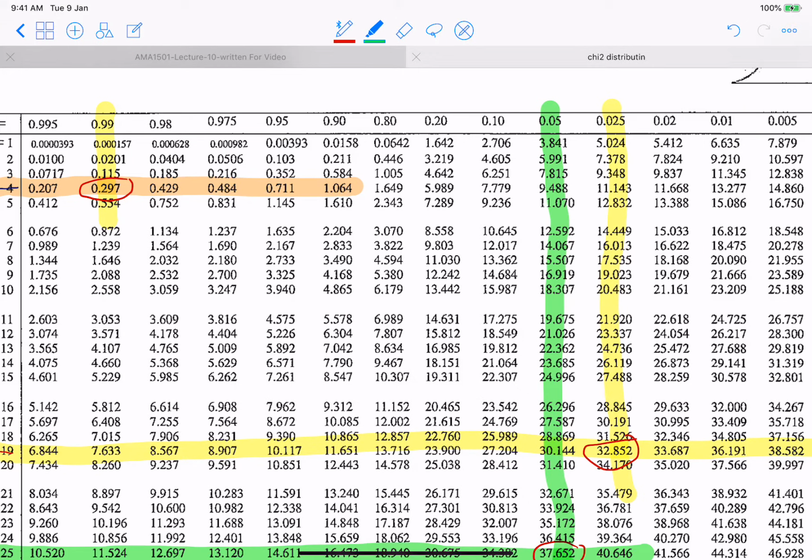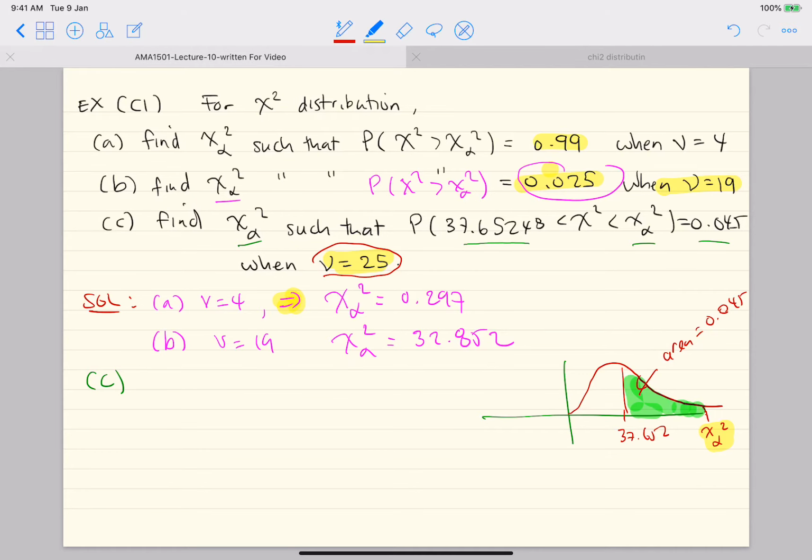So 0.05 minus the probability that chi squared is greater than chi alpha squared is this little area here, which must be equal to 0.045.